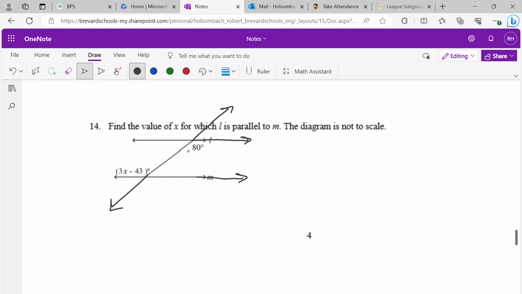Now we have alternate interior angles. Alternate interior angles are congruent, so I got 3x minus 43, and it's equal to 80.